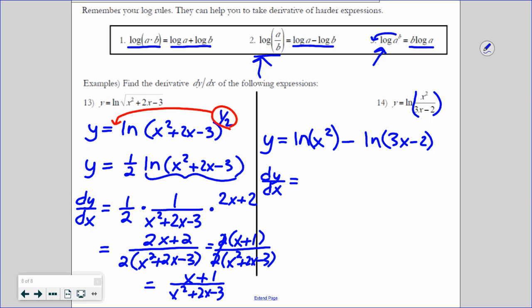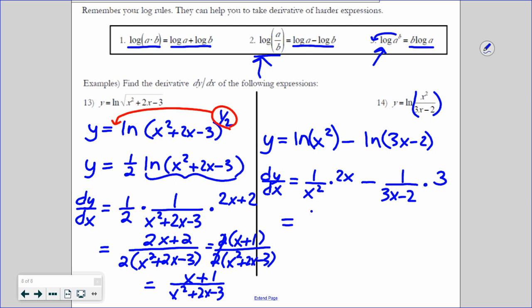So the derivative of natural log of x squared is initially 1 over x squared times the derivative of x squared, which is 2x. Minus, and then find the derivative of natural log of 3x minus 2. That'll be 1 over 3x minus 2 times the derivative of 3x minus 2, which is 3.